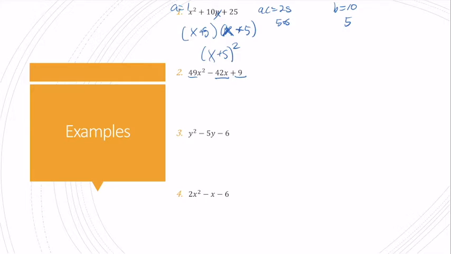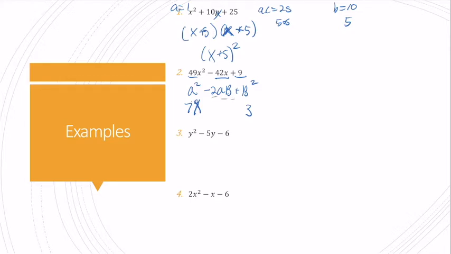42x squared minus 42x plus 9. All right, this is of the form a squared minus 2ab plus b squared. So here I have a is 7x and b is 3. And I can check, okay, what is 2 times a times b?